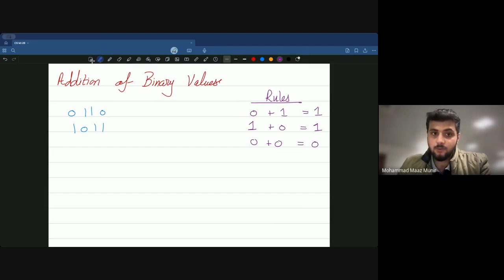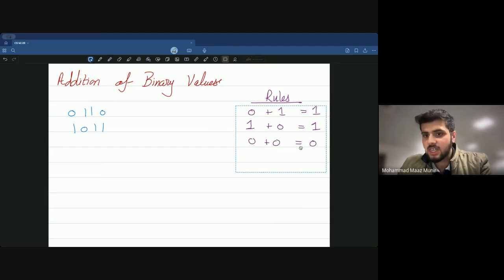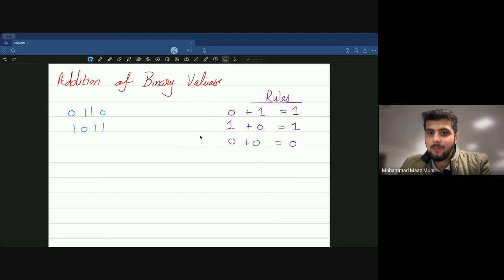For instance, if I have a special case where I'm adding 1 and 1, the answer will be 0 because we do not have a 2. But I would be including 1 carry.